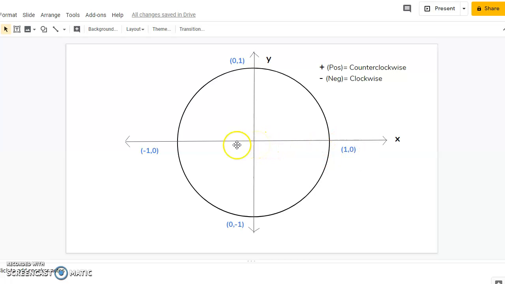If we go over negative 1 unit, but we don't go up any, that's negative 1 comma 0. We don't go over any x units, but we go up 1 y unit, that's 0 comma 1. And then just do the opposite: we don't go over any x values, but we go down negative 1, that's 0 comma negative 1.